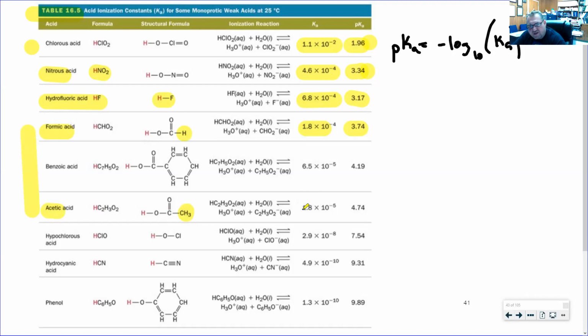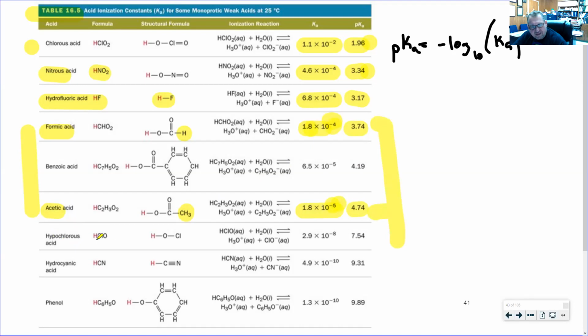If I look at the value, this Ka is almost exactly an order of magnitude smaller than the one for formic acid. It's 1.8 times 10 to the minus fifth. This one's 1.8 times 10 to the minus fourth. So when I compare the pKas, I see that it's exactly 1 pH unit larger. And if I keep going down, I'll see things that are weaker and weaker and weaker.